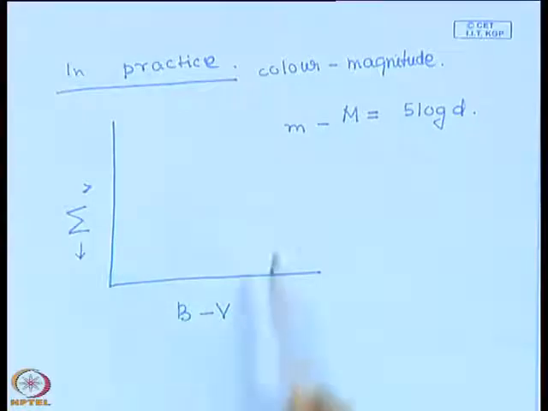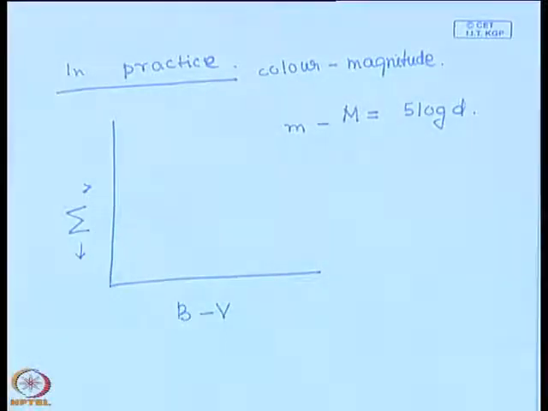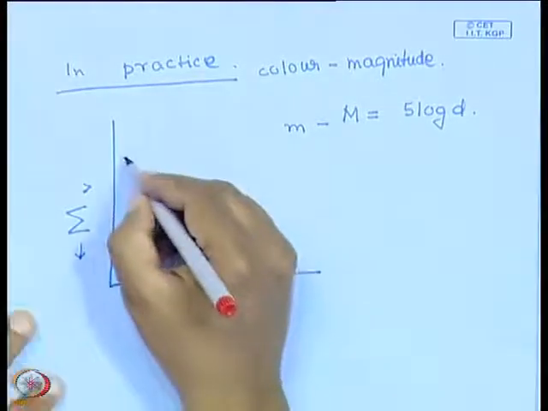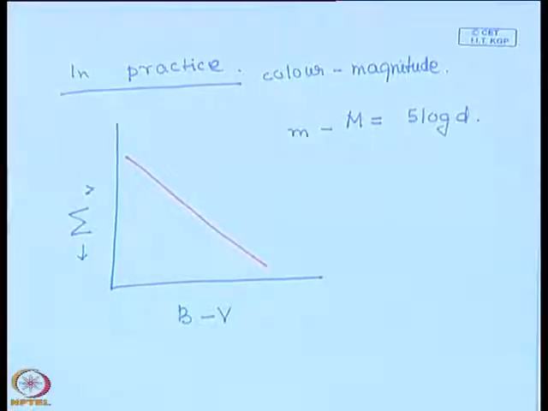Okay, so, this is what people looked at, and what people found was that the bulk of the stars lie in a band which runs diagonally, roughly like this, across the diagram.